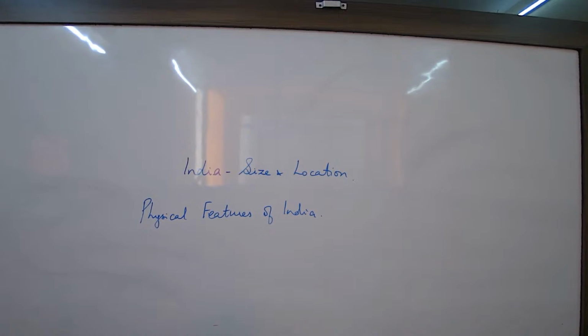Gondwana land. The oldest landmass, that is the peninsula part, was part of Gondwana land. The Gondwana land included India, Australia, South Africa, and South America as one single landmass. Can you believe it?